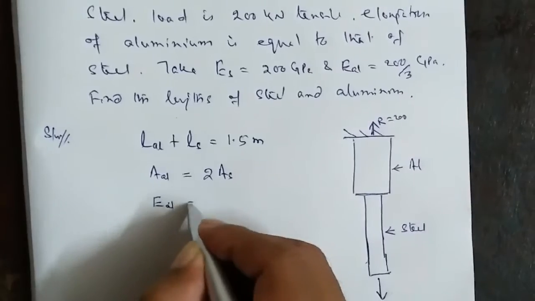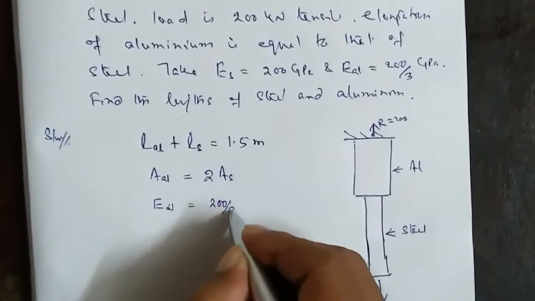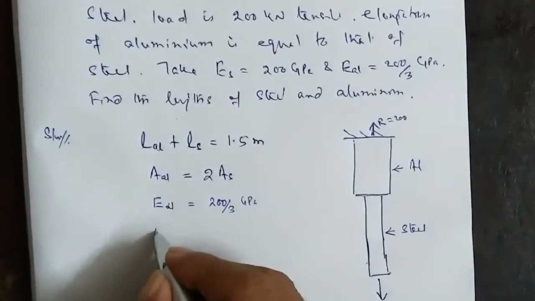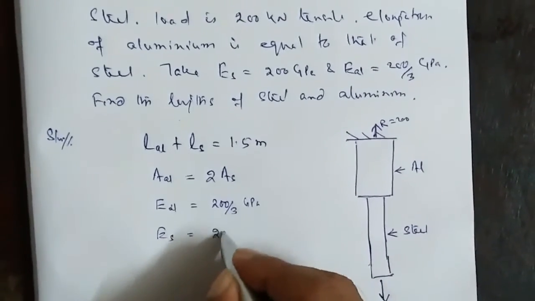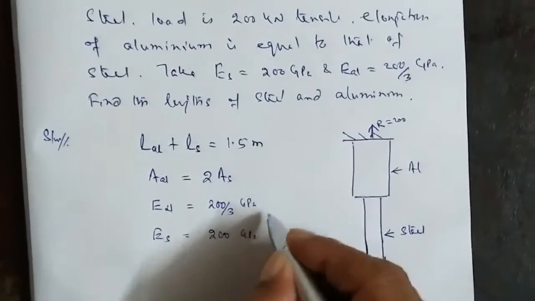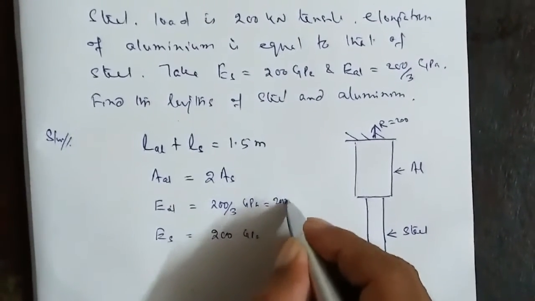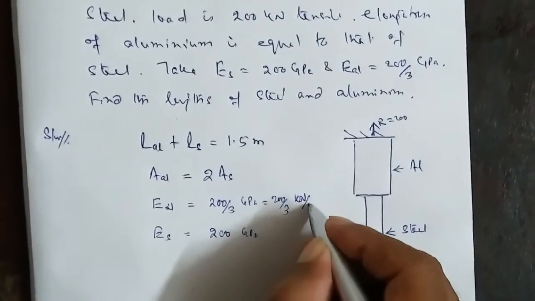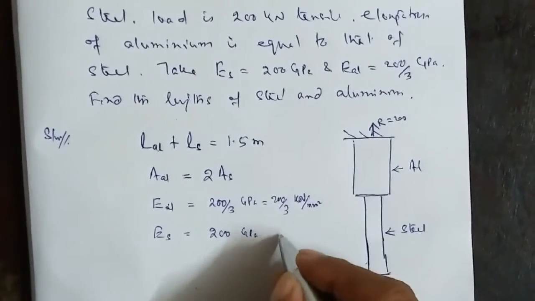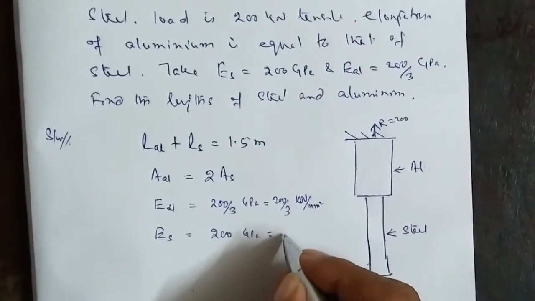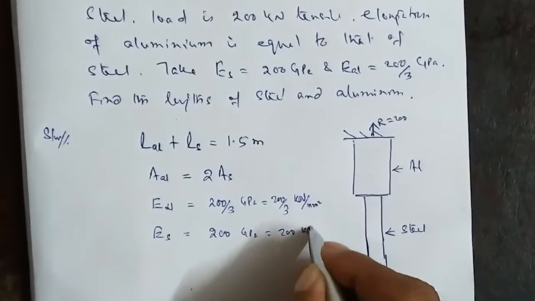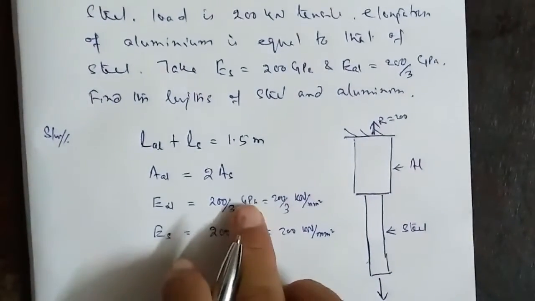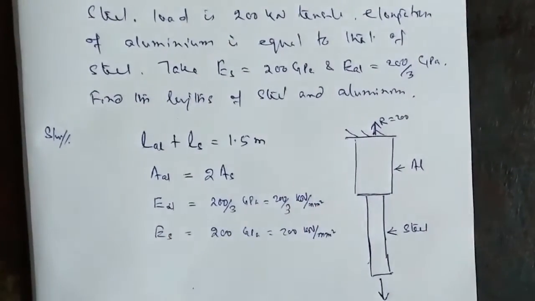Young's modulus of aluminium is 200 by 3 GPa, and for steel it is 200 GPa. This GPa is kilonewton per mm square, so 200 by 3 kilonewton per mm square and 200 kilonewton per mm square. Gigapascal is kilonewton per mm square.